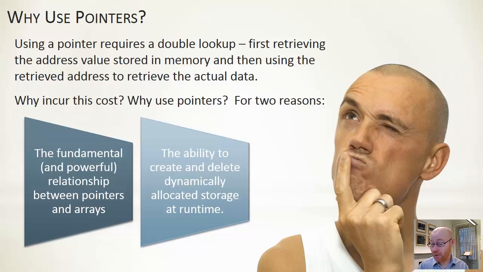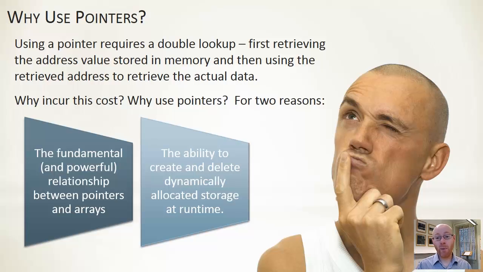If I have a pointer variable, then I've got to first of all go to the address in memory of that pointer variable, look at the data stored in memory there, and interpret that as an address in memory. So that's the thing I'm pointing to. Then go to that address in memory and interpret the information at that value. So it's two, if you like, two steps to get to the data. So actually it's slower to access things through a pointer than it is to look them up directly.